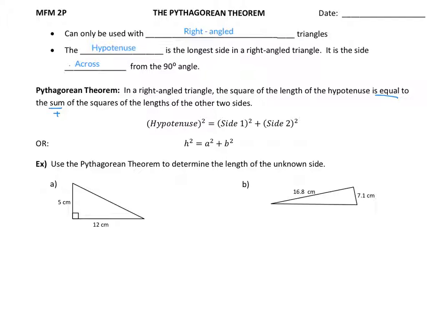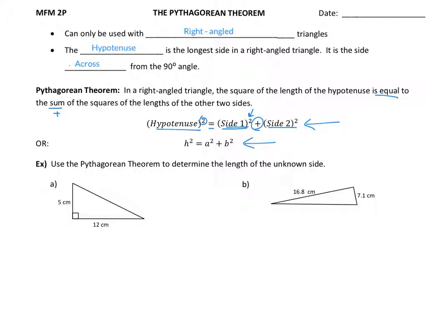So more formula-wise, the hypotenuse to the exponent of 2 equals the sum of the squares of the lengths. Square just means an exponent of 2. So we're taking side 1 to the exponent of 2 and adding it to side 2 to the exponent of 2. Or for short, h squared equals a squared plus b squared.